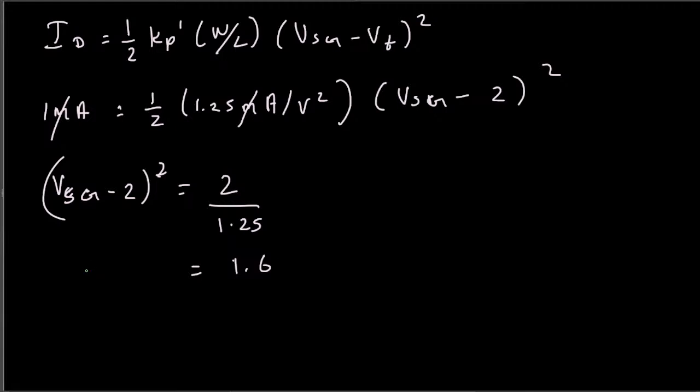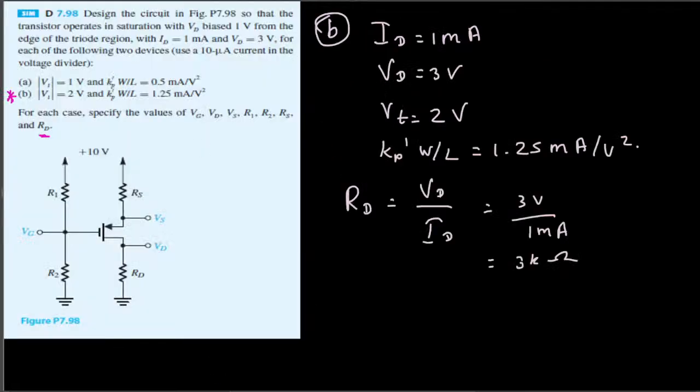If we take VSG minus 2, then here we have a square, so we square root both sides. Therefore VSG is going to be the value after the square root plus this 2. The value after square root is 1.265. If you add 2 to that, that is 3.265 volts. That is VSG.